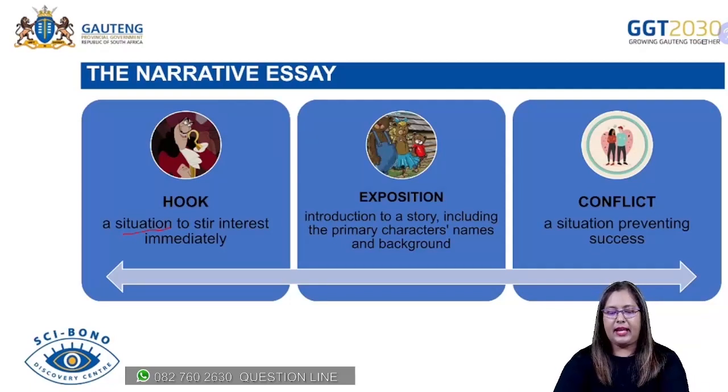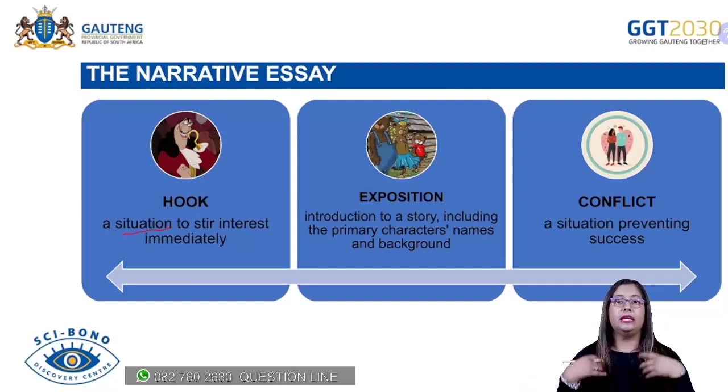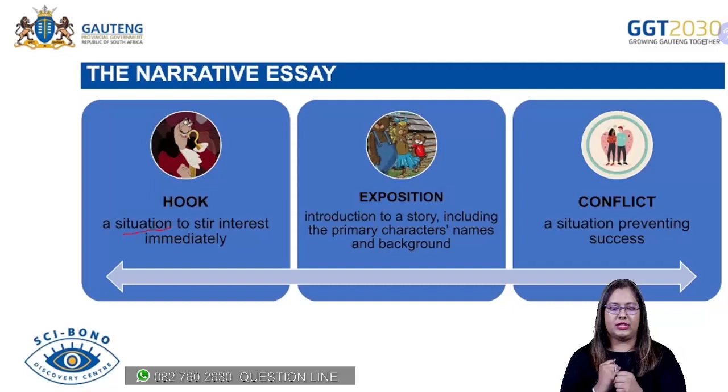So if you look at the character on that particular diagram, we've got Captain Hook, which has the hand that has the hook. So that is to show you, grade 12s, just by looking at the hook on his hand, it immediately inspires us to find out, why does he have the hook as a hand? What's happened? Okay, so that first part is to hook our attention, grab our attention.